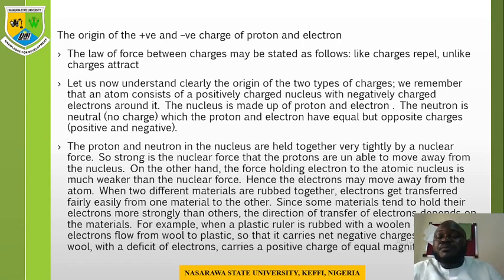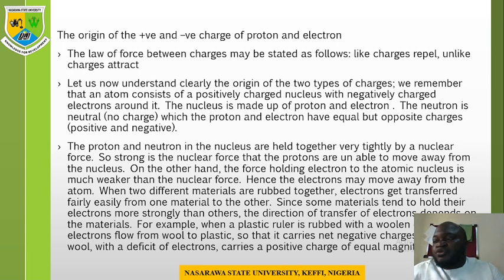For example, when a plastic ruler is rubbed with a woolen cloth, electrons flow from the wool to the plastic so that it carries a net negative charge, whereas the wool, with a deficit of electrons, carries a positive charge of equal magnitude.